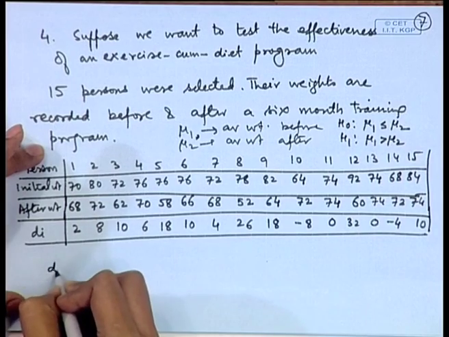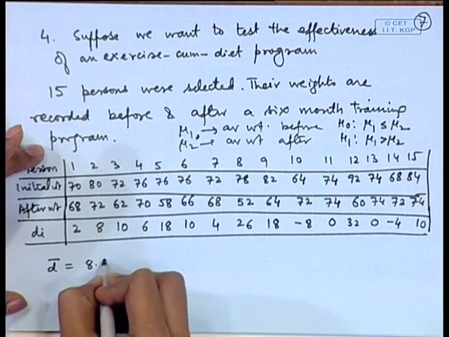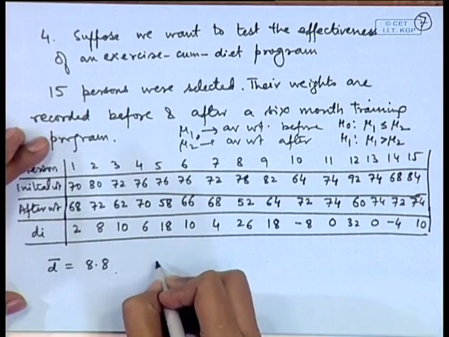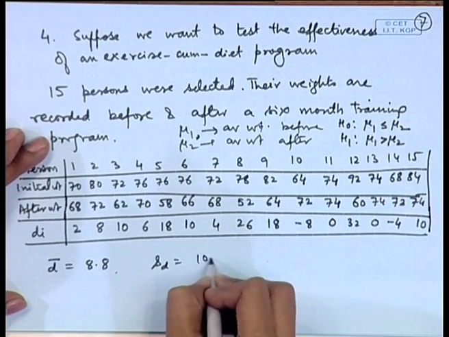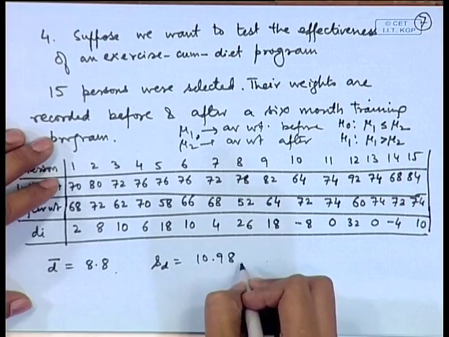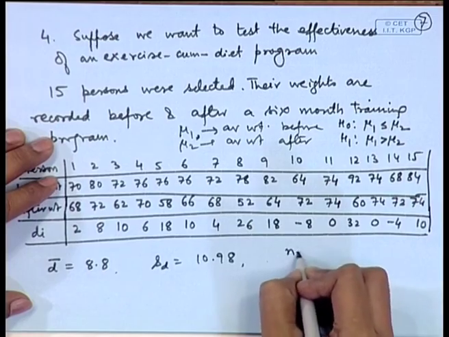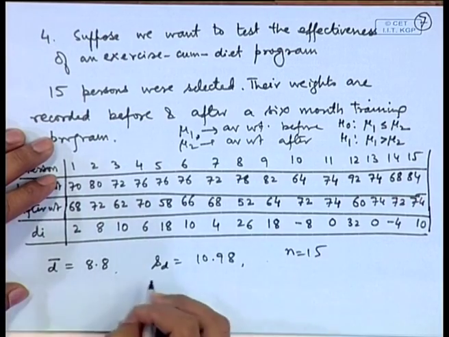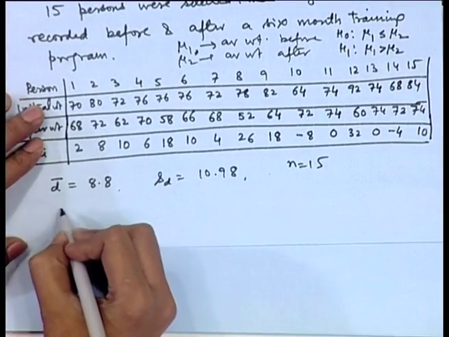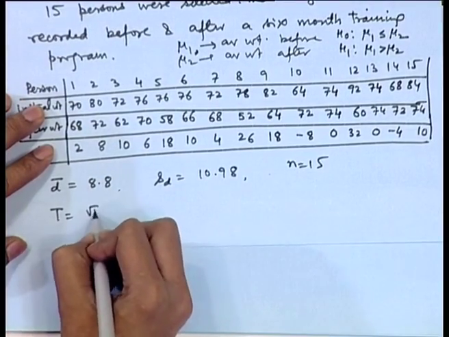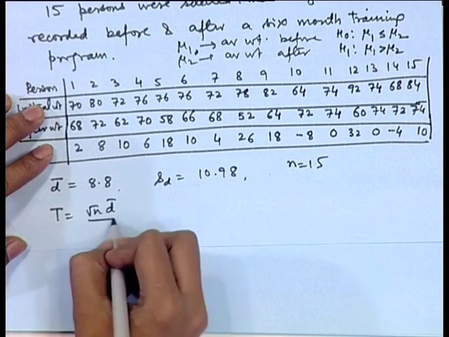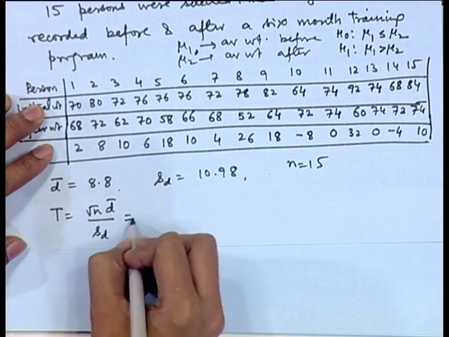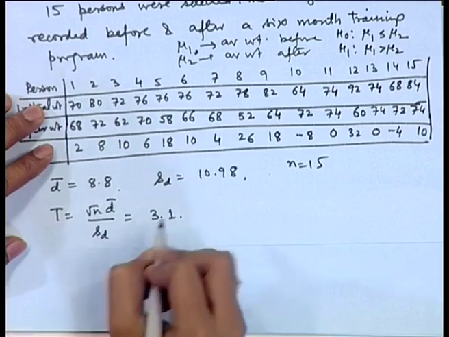Let us calculate d bar, that is 8.8, and S d is equal to 10.98. Here n is equal to 15. The value of the t statistic is root n d bar by S d, that turns out to be 3.1.